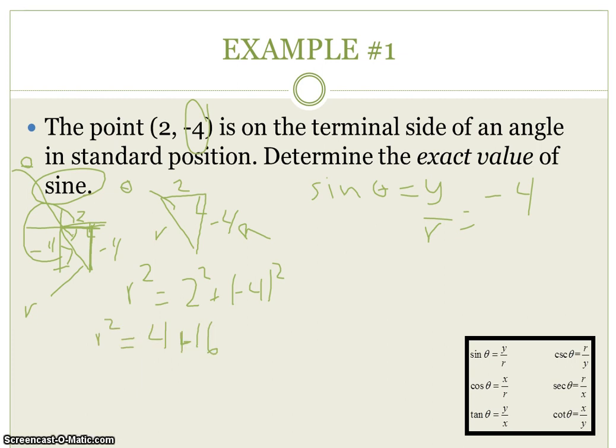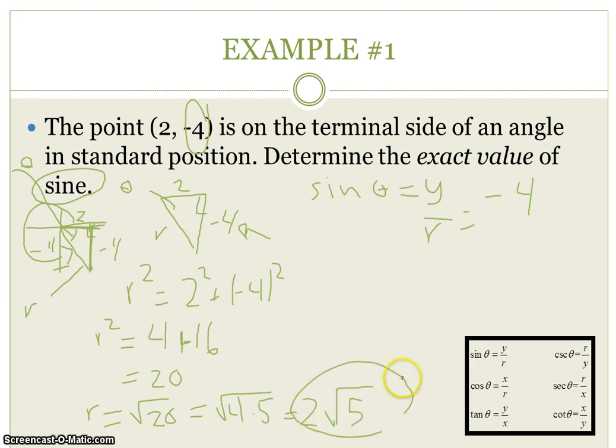And when I add 4 plus 16, I get r squared is 20, or in other words, r is the square root of 20. Remember, square roots need to be reduced. 20 is 4 times 5. When I take the square root of 4, it's 2 square root of 5. Okay, so all of that was just to find r, the length of the hypotenuse of my triangle.